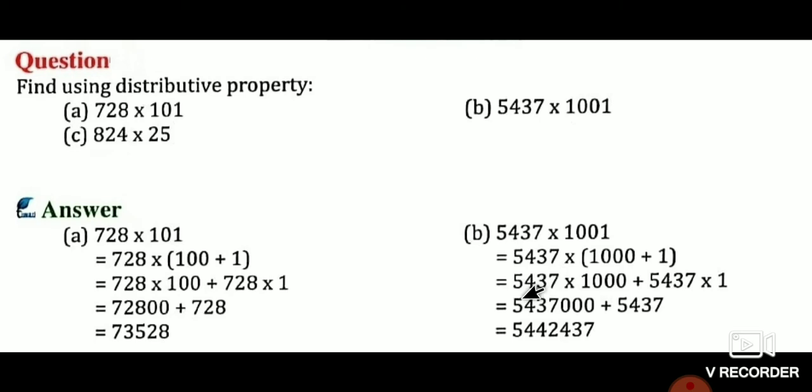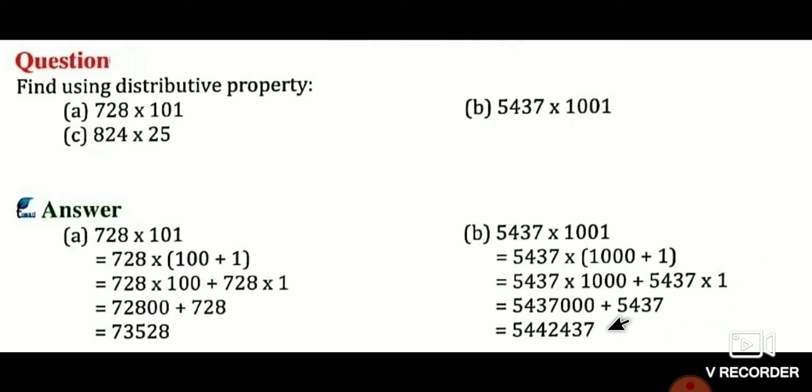So it becomes 54,37,000. If you multiply 5,437 into 1,000, it becomes 54,37,000, and the remaining part is 5,437 into 1. Any number multiplied with 1 gives the same number, that is 5,437.